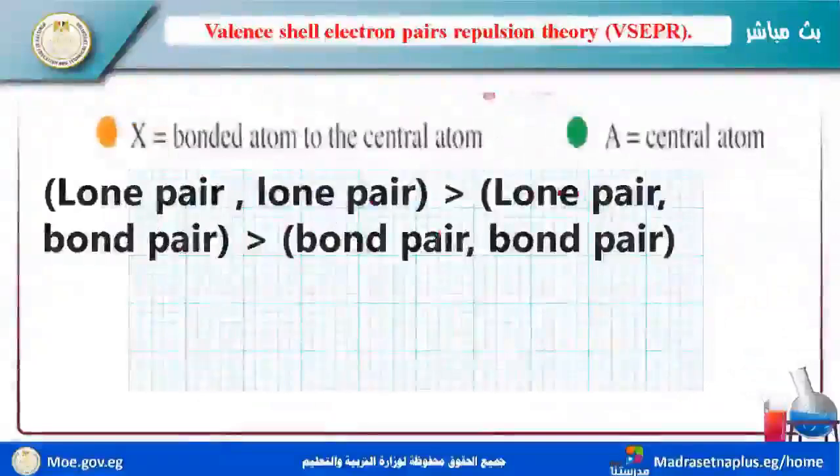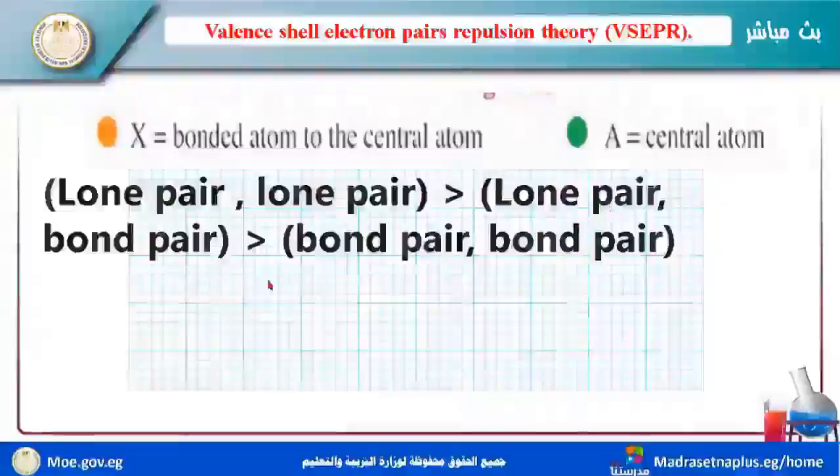I mean the repulsion force and the value of the angle: lone pair-lone pair repulsion is greater than lone pair-bond pair repulsion, and lone pair-bond pair repulsion is greater than bond pair-bond pair repulsion.